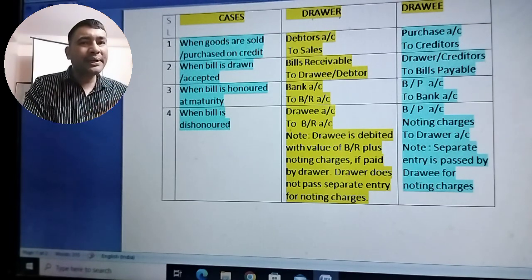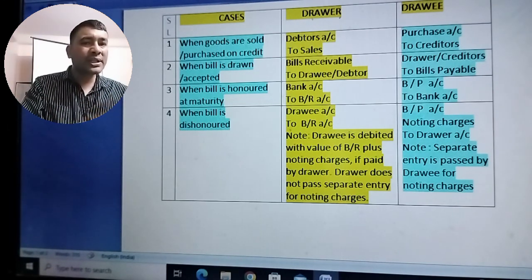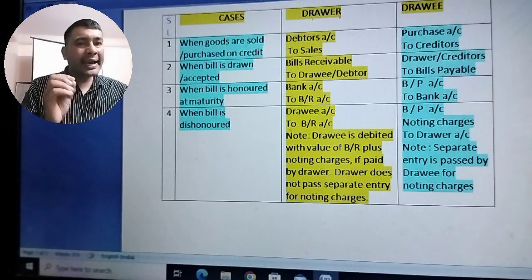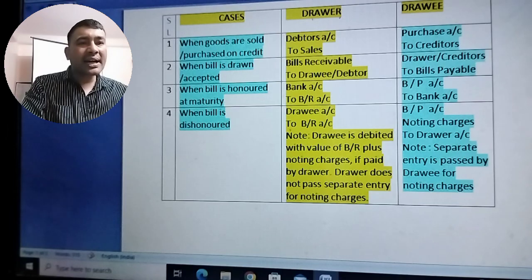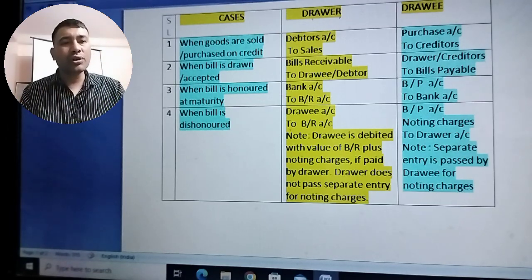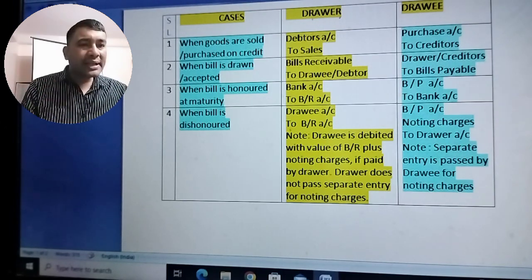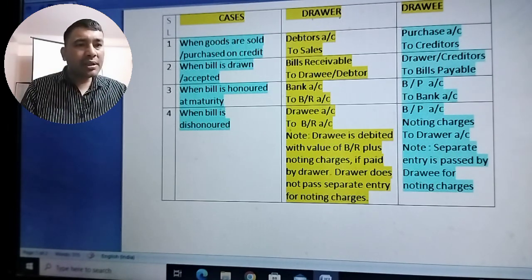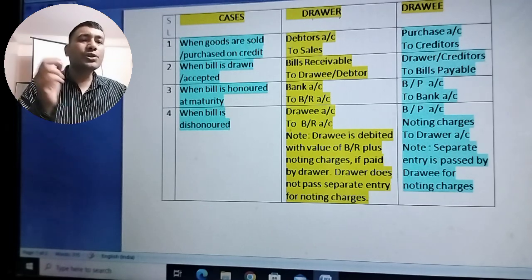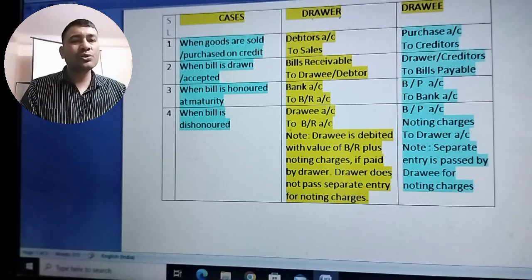But you cannot debit bills payable with the amount of bills payable plus noting charges. So here the drawee has to pass a separate entry to show the amount of noting charges which he has to pay to the drawer. So the drawee will pass the entry of bills payable account debit, noting charges account debit to drawer account. So a separate entry is passed by the drawee for noting charges. This is very important.